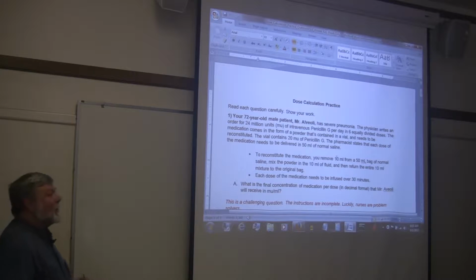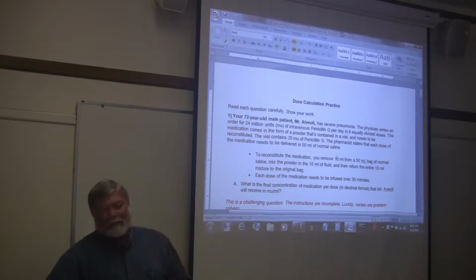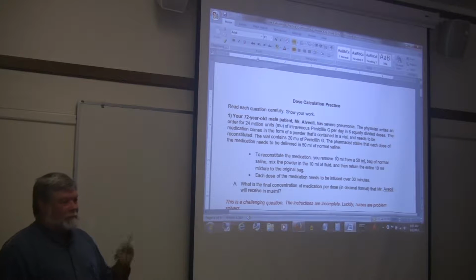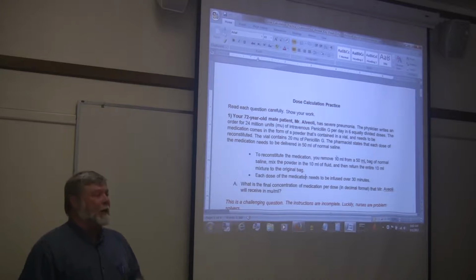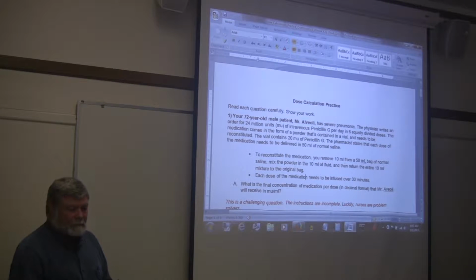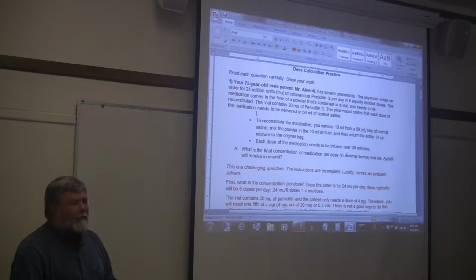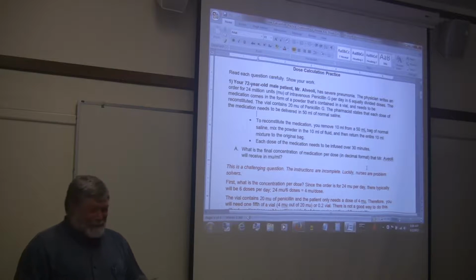Then you add the other 8 of saline. That would make sense. So you have 50 mLs with 4 million units in it. So what's the actual concentration per mL? 0.08, yeah, or 0.8. There's an 8 in there. Don't answer it that way on the NCLEX.